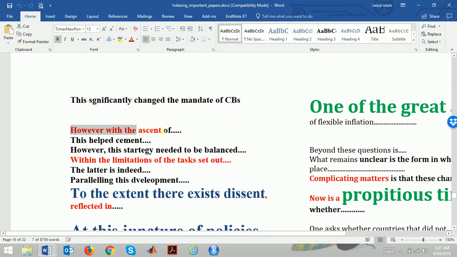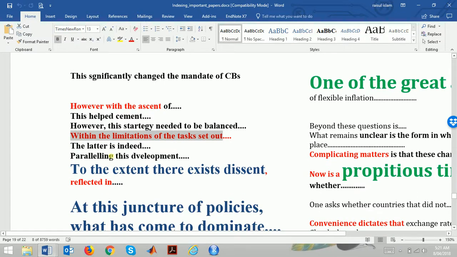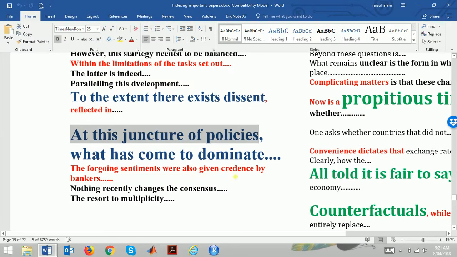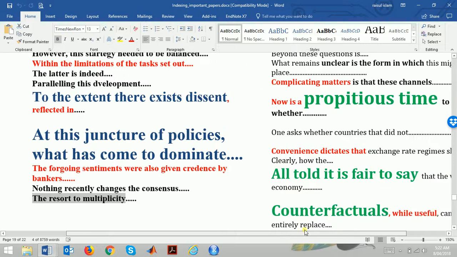However, with the sent-off, this helped cement. However, this strategy needed to be balanced within the limitations of the tasks set out. The latter is indeed paralleling this development to the extent there exists dissent reflected in. At this juncture of policies, what has come to dominate the foregoing sentiments were also given credence by bankers. Nothing recently changes the consensus, the result to multiplicity.